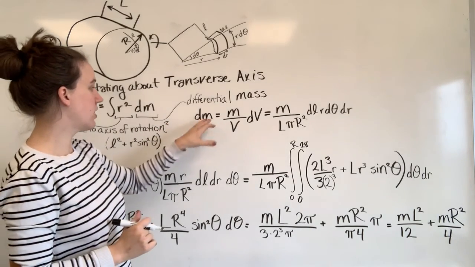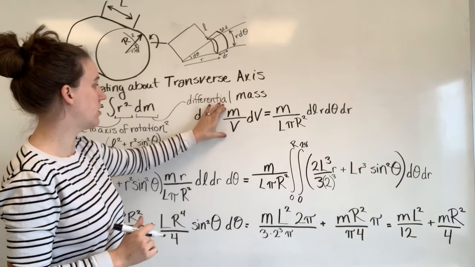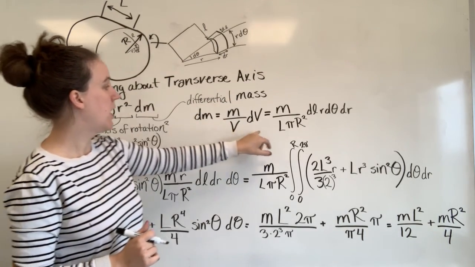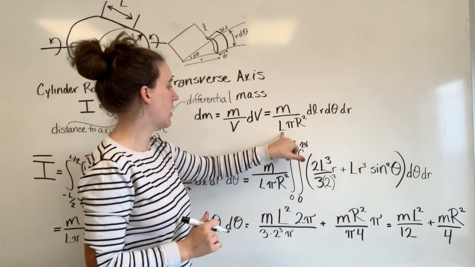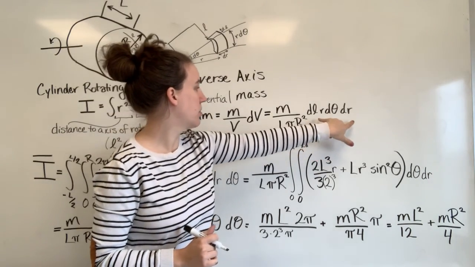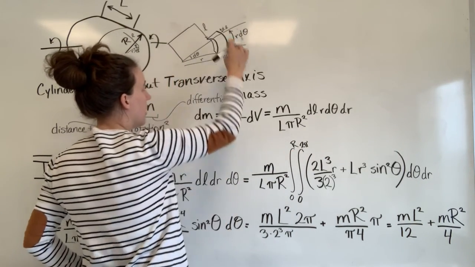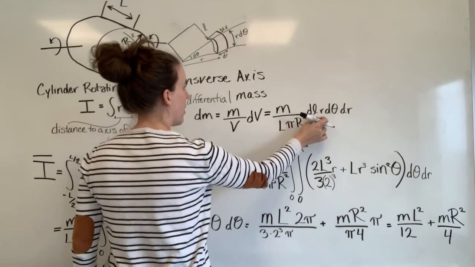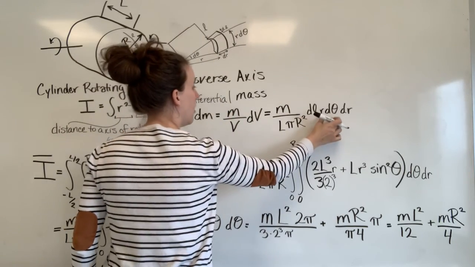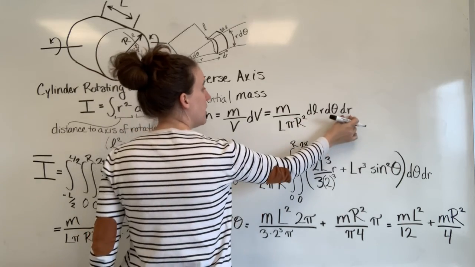We can see that the differential mass is going to be proportional to the differential volume since it's constant density, and the volume of a cylinder is L pi r squared. The volume of our little differential element is just all of these side lengths: dl, r d theta from that arc length in the infinitesimally small case, and dr.